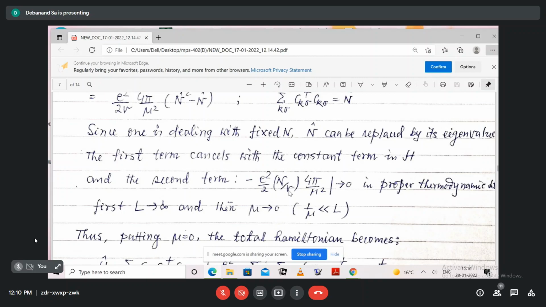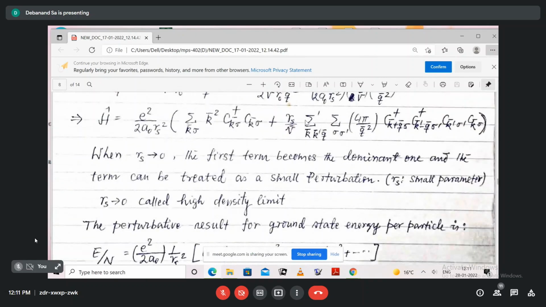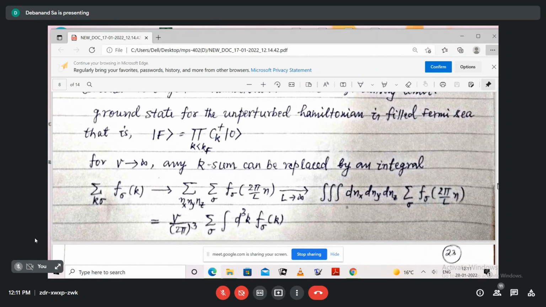So in the next lecture we'll see how we are going to parameterize the kinetic energy and potential energy that's given. These are very interesting, by the way. This is just to parameterize and look for a small parameter. Once we have this, then we can start looking at the other parts sometime, but right now it will be too much.